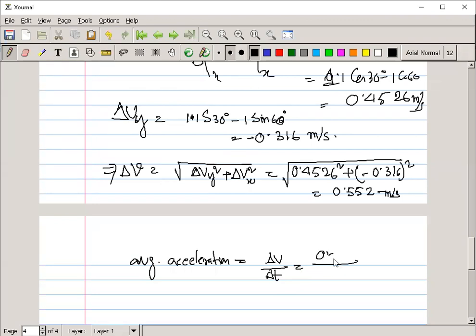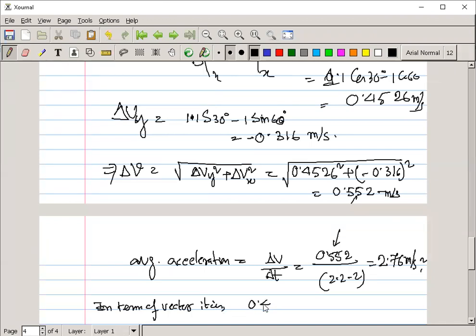So del v is 0.552 by 2.2 minus 2, which is 0.2, which means 2.76 meter per second square. So in terms of vector, if I write, along x it is this one, along y it is this one.